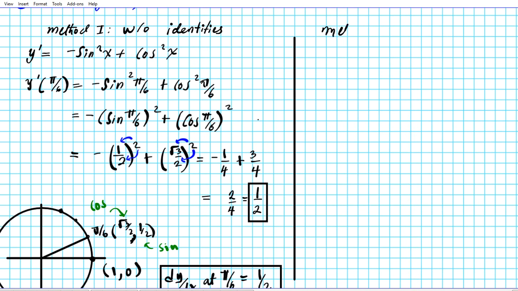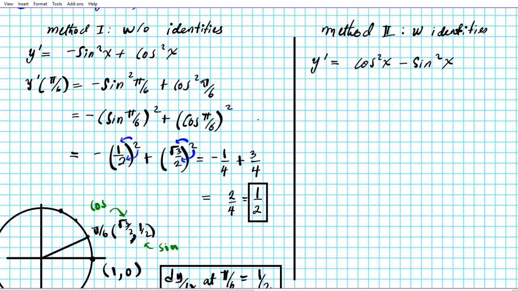Method 2 with identities. So all I'm going to do is just rewrite this problem, reverse the order of the operation here. So y prime is going to be cosine squared x minus sine squared x.